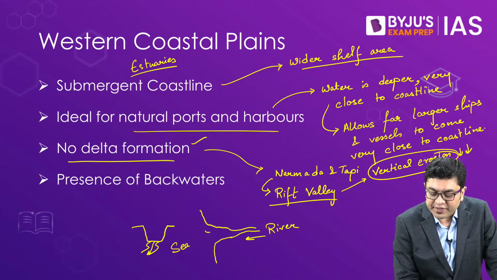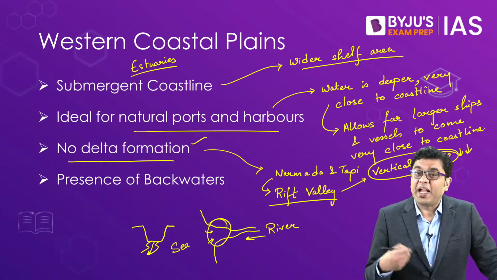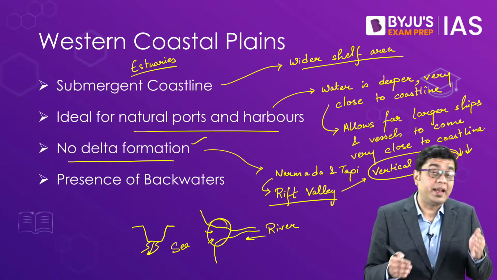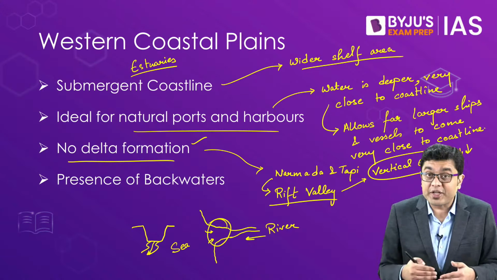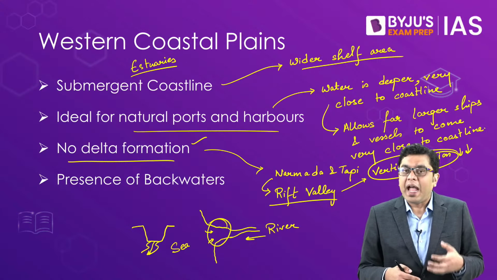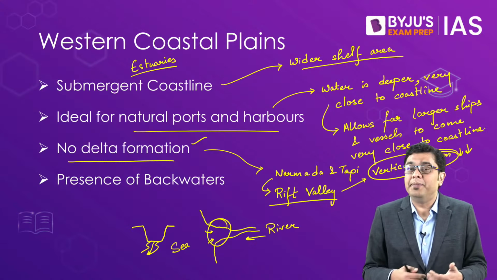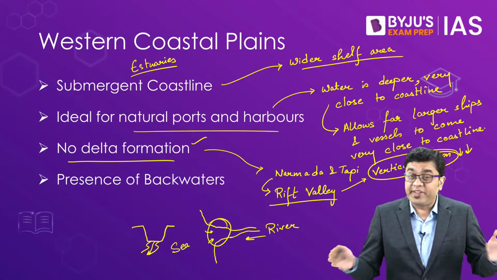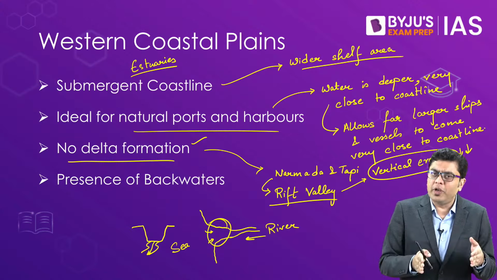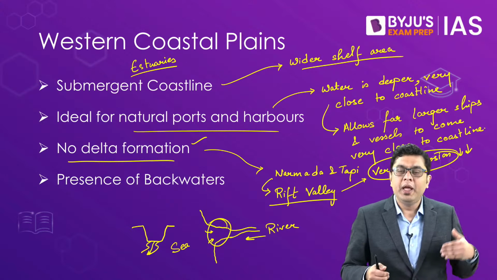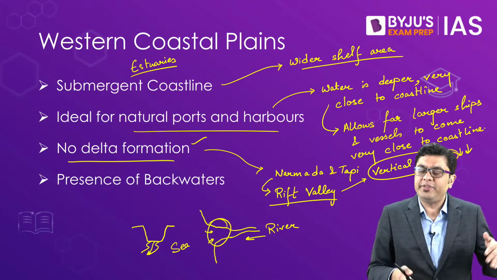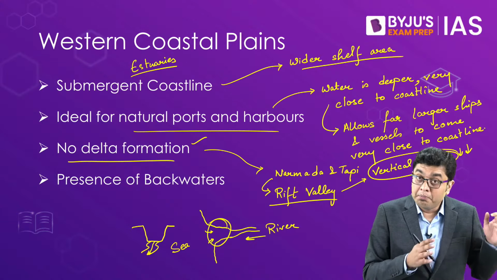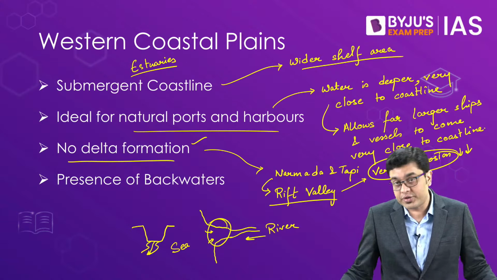Some part of the saline sea water also enters slightly inland. So this area becomes one of those zones where saline water mixes with the fresh water being brought by the river. And automatically these regions become significantly productive when it comes to biodiversity. Because here we find species not only adaptable to the freshwater ecosystem, but also species which are very regular in the marine or saline water ecosystem.